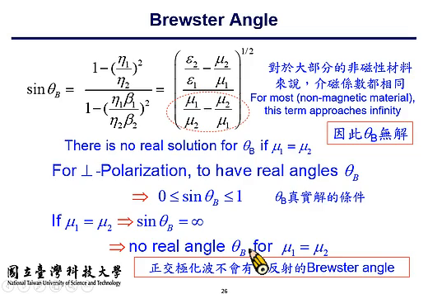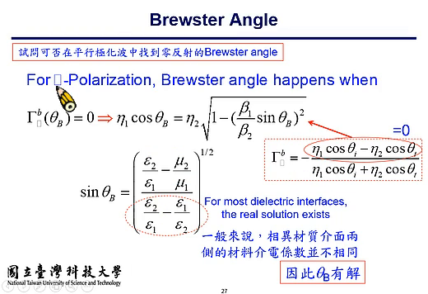So the conclusion is: no Brewster angle for perpendicularly polarized wave. So how about for parallel polarization? Brewster angle happens. The Brewster angle can be found using a similar procedure.